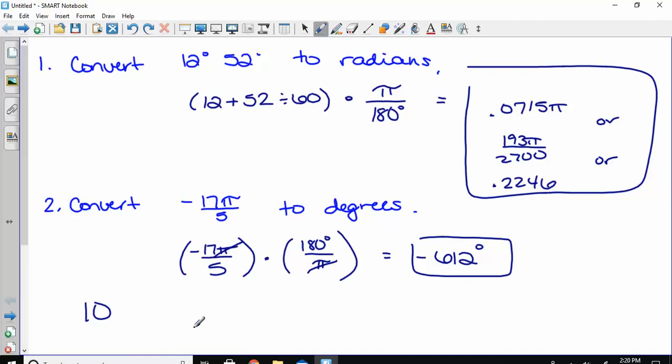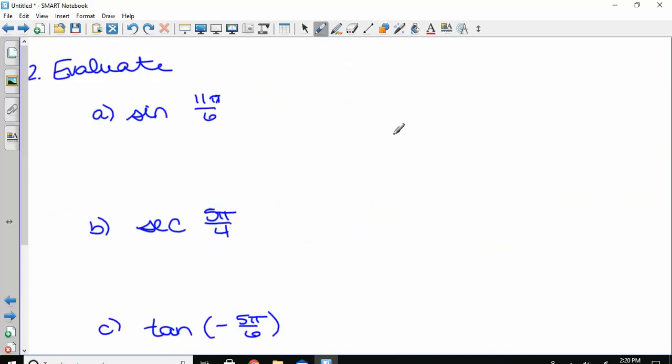The second thing, we did that circle in section 3.1, and we are actually going to revisit it starting tomorrow. But I could still ask you to evaluate some trig functions. So let's say I asked you to find the sine of 11 pi over 6.